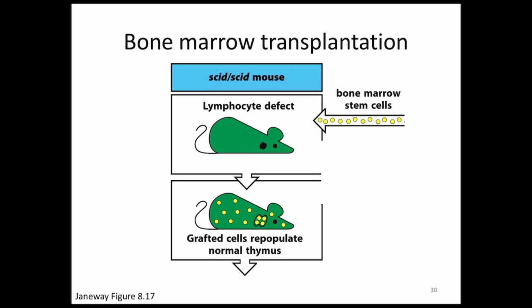Similarly, I could take bone marrow from a yellow mouse and put it in a green mouse. Say this green mouse didn't have any bone marrow, I could give it yellow bone marrow. What would all of those T cells grow up thinking is self?